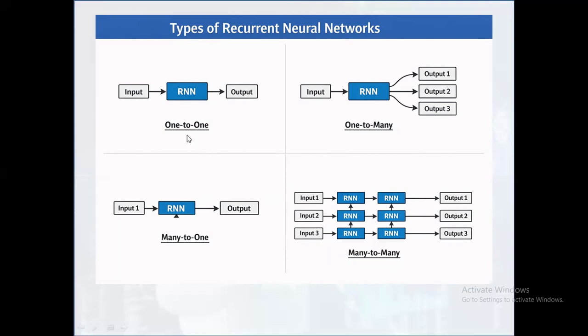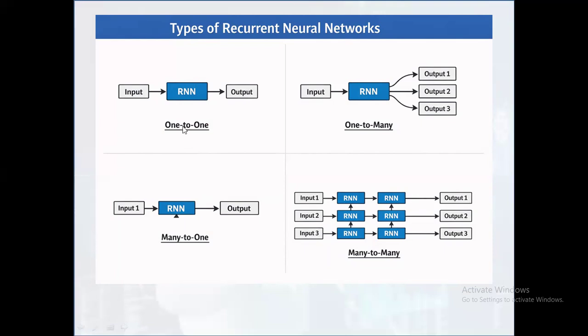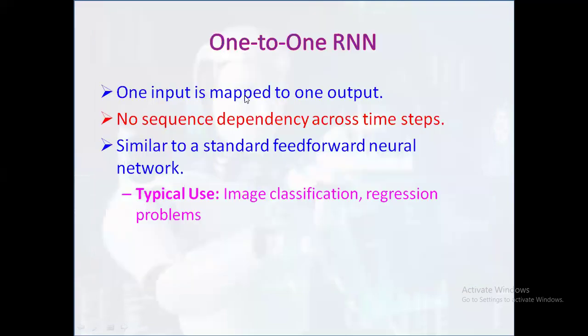First, we'll see the one-to-one recurrent neural network. One input is mapped to one output. In a one-to-one RNN, a single input is processed to produce a single output with no involvement of sequence or time dependency.